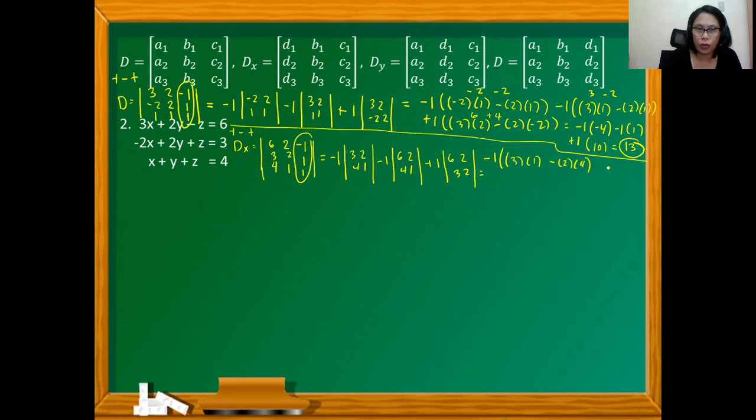And then minus 1 quantity, 6 times 1 minus 2 times 4. And then plus 1 times quantity 6 times 2 minus the product of 2 and 3.